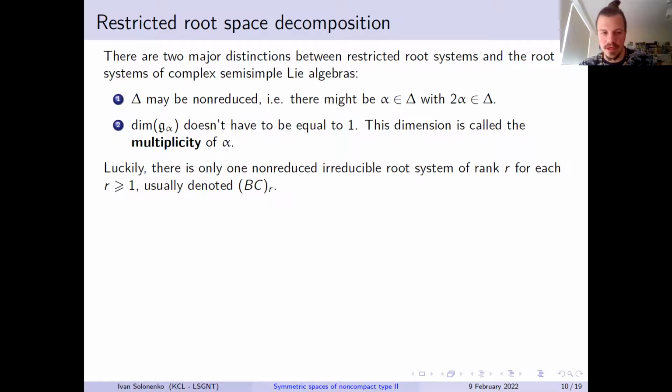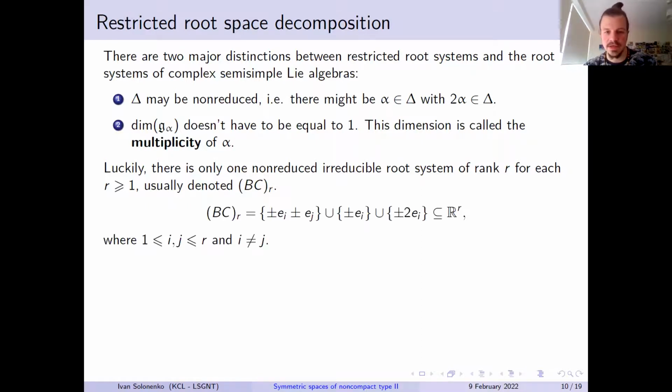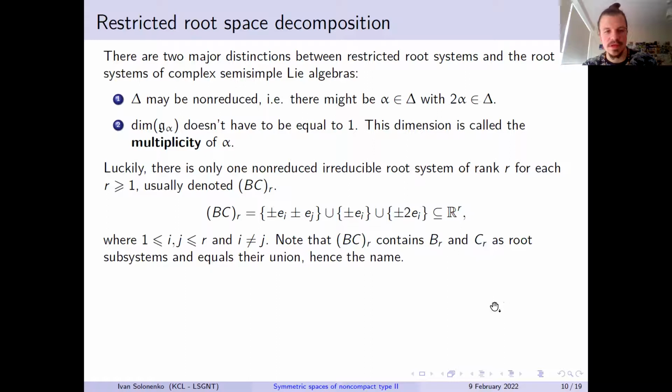Luckily, the root system theory tells us that there is only one non-reduced irreducible root system of rank R for each positive R. It's usually denoted as BC_R, and it can be given like this. So you have the union of these three sets in R^r. The name is BC_R because you can see that BC_R contains B_R and C_R root systems as its subsystems. So B_R is, I think, the smaller one, I may be mistaken.